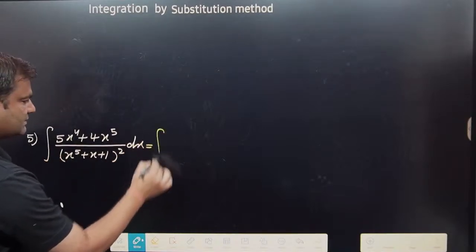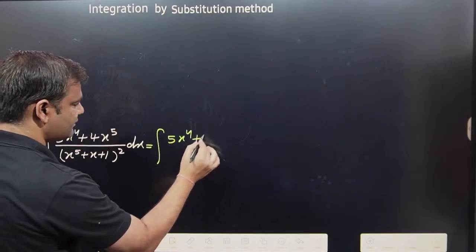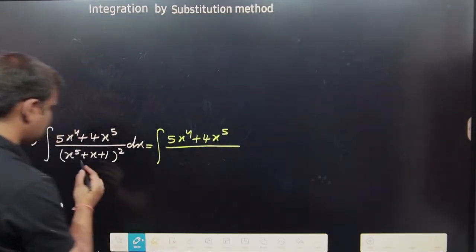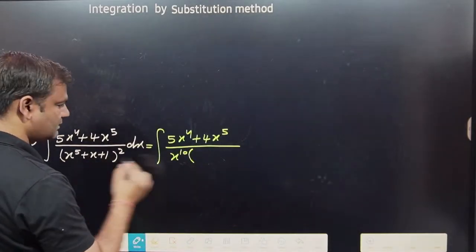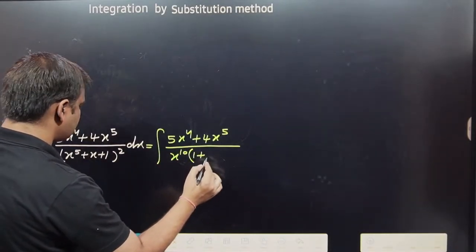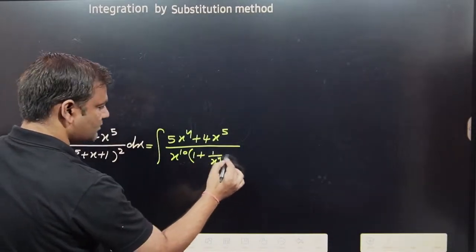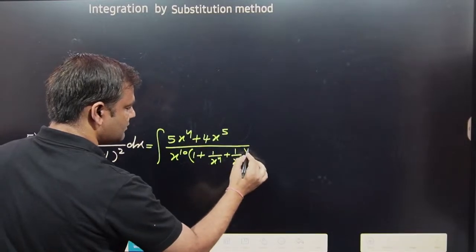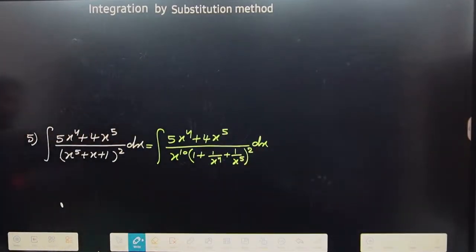That is written as simply (5 x to power 4 plus 4 into x to power 5) divided by x to power 10, over (1 plus 1 by x to power 4 plus 1 by x to power 5) to the whole square dx. Okay.